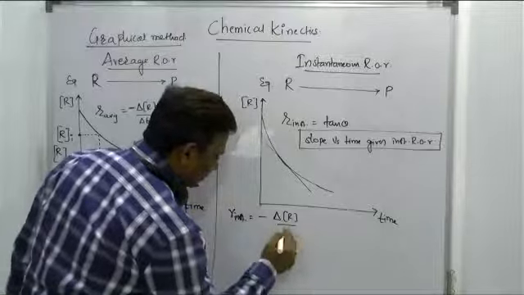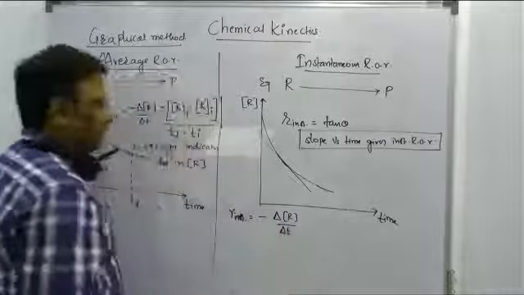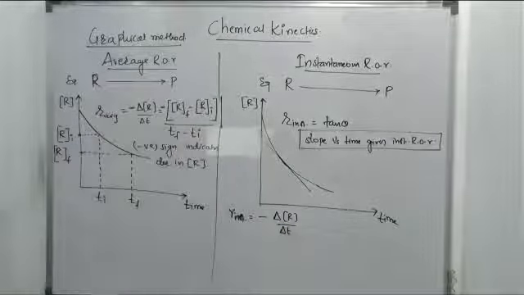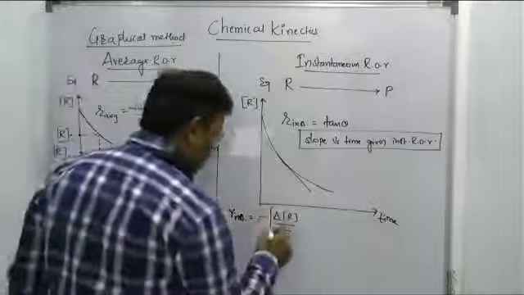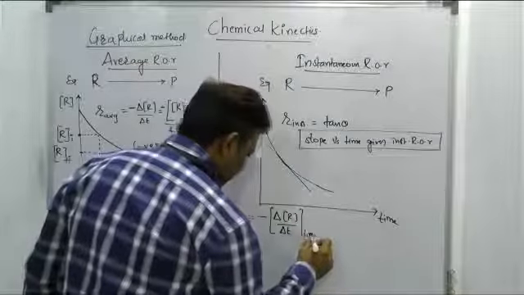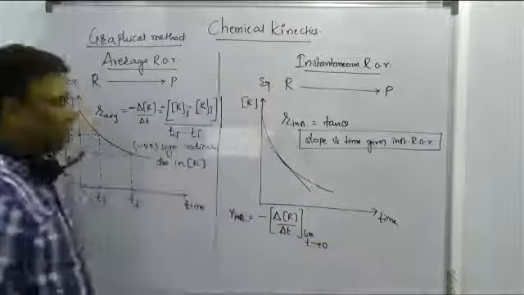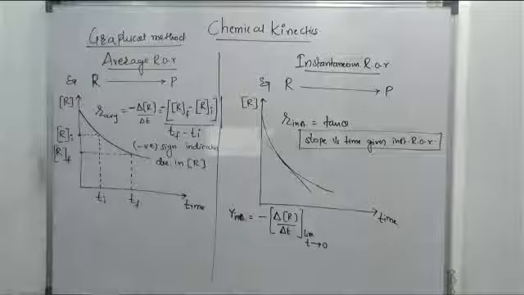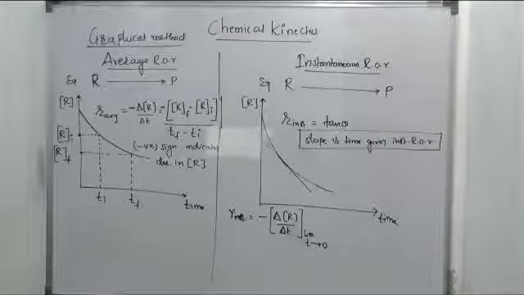So I should go with delta T. But for instantaneous, we should not use delta T, but take the limit, and limit means time T tends to 0. For instantaneous.